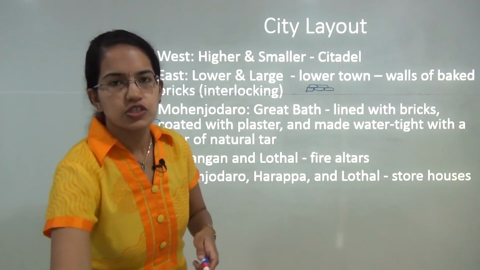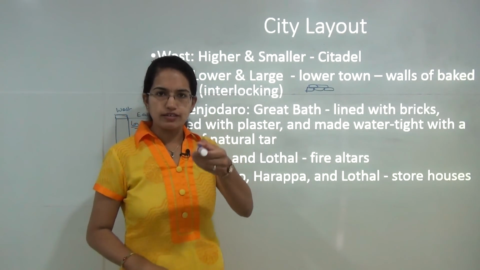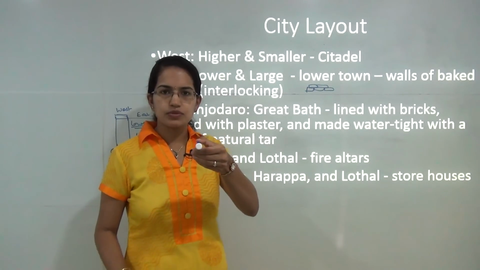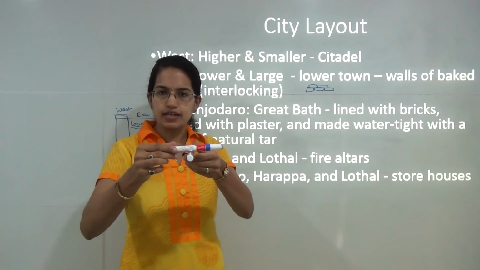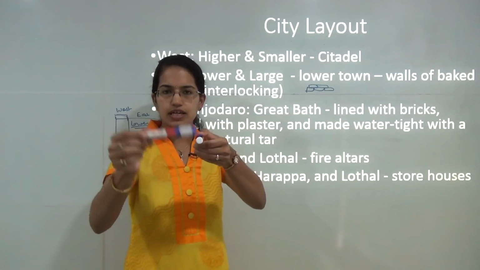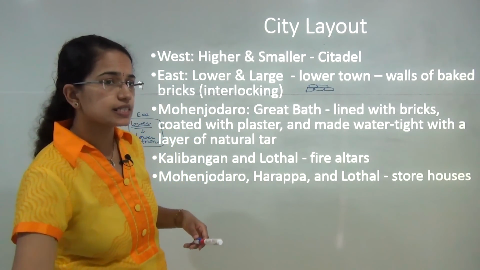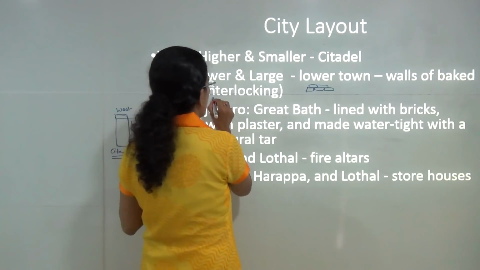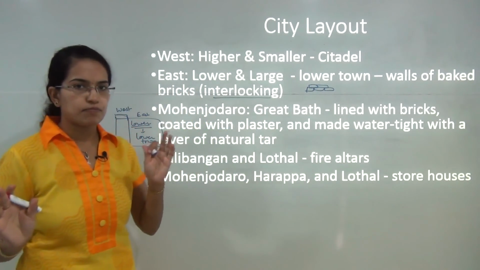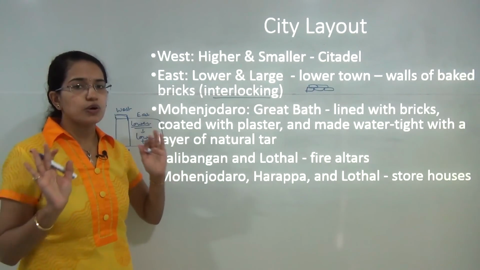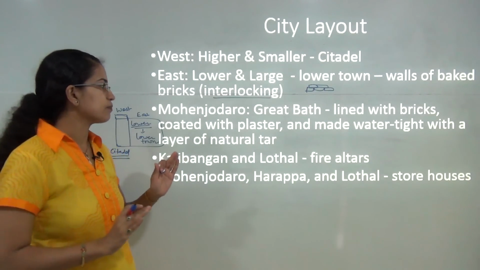That means if one brick lies in a vertical position, the other would lie in a horizontal position, and then vertical and then horizontal. It formed an interlocking pattern which was unique to the Harappa civilization at that time.